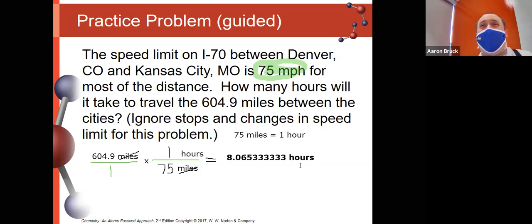Do I have any way of knowing that, really? It's going to be some kind of a measurement. And as a measurement, it counts towards significant figures, which means I have 2 significant figures in my conversion, 4 in my measurement here. I need to round this to 2. I need to round it to the fewest significant figures available. 8.1 hours is the correct answer as a result.